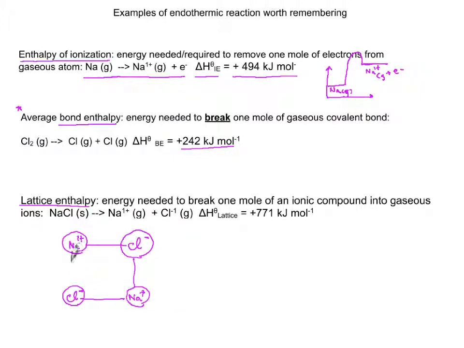This is example of a lattice enthalpy. In order to break them, you need energy. That makes sense. So in order to go from this solid to gaseous ions, you need exactly 771 kilojoules. So this is your reactant and these are your products. Some examples of endothermic reactions that you should know.